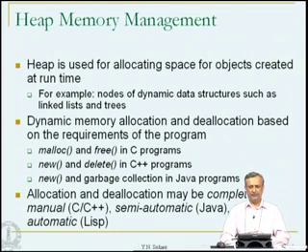So, in C programs, we have malloc and free to perform allocation and deallocation. The equivalents in C++ programs are new and delete, and finally, in Java programs there is only allocation, which happens using the new call. There is no deallocation by the programmer.